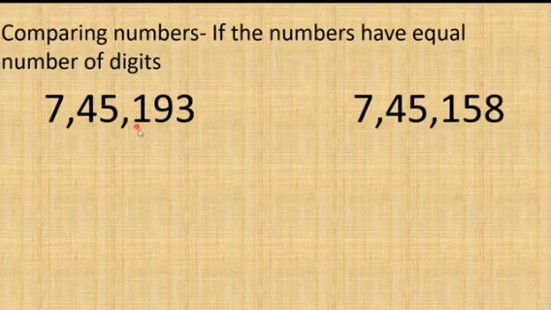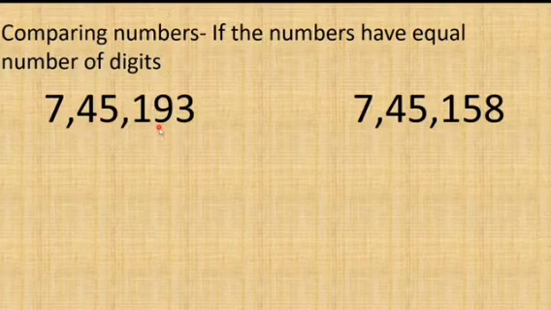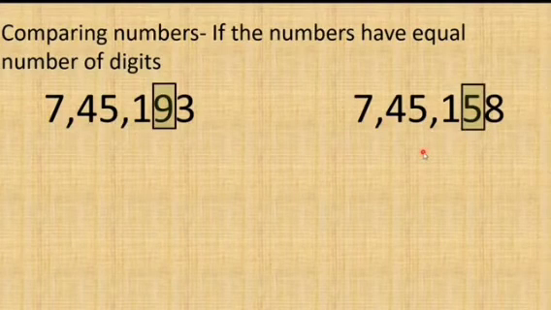Next digit is 1. Can we find something different? Oh no, we have the same number on the right hand side also. Now also we don't have any problem. Okay, then we move on to the next digit. Which is the next digit now? It's 9 here. Do we have the same number here? Oh no. Now is the difference there, right? Now here 9 is greater than 5, correct?